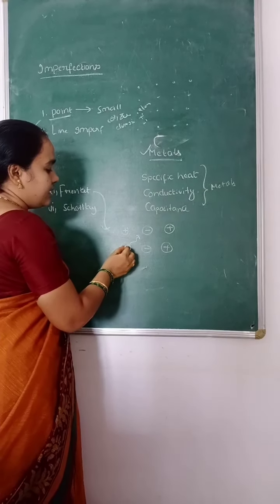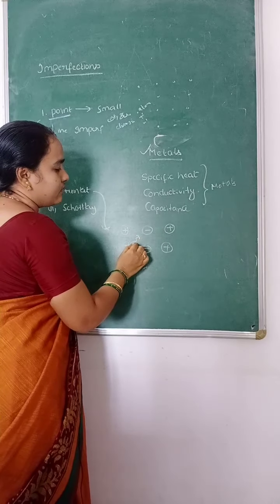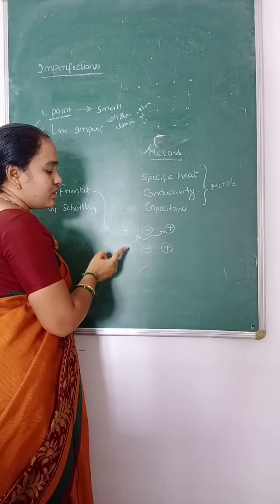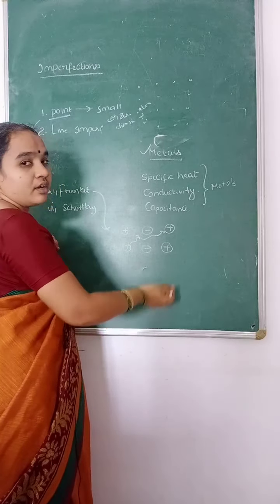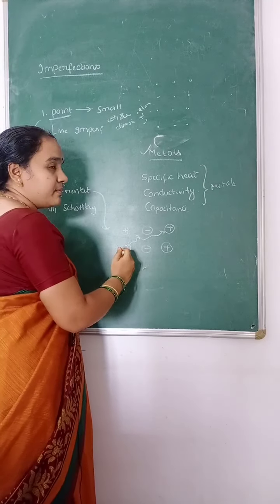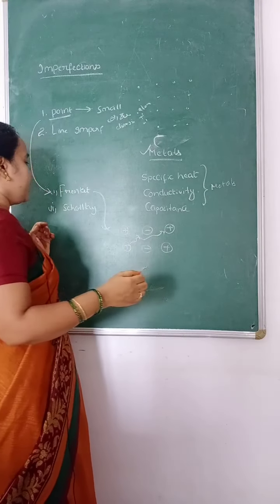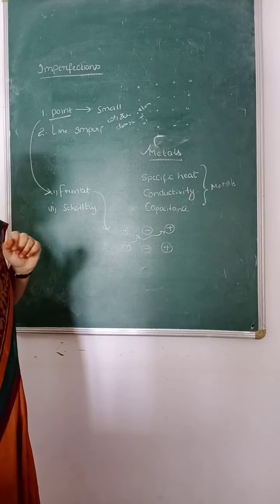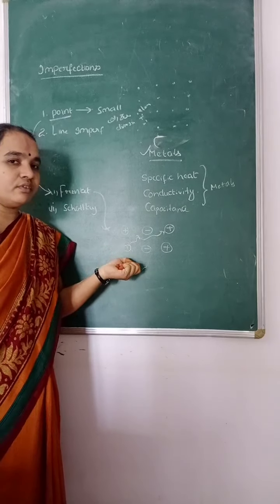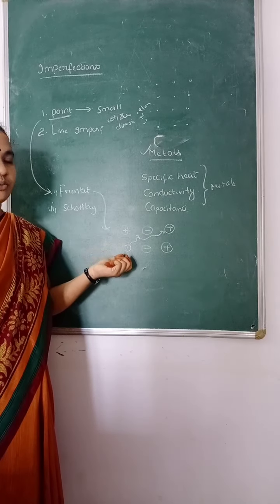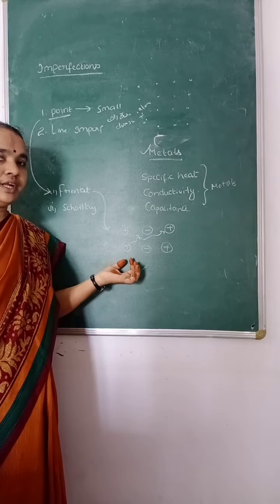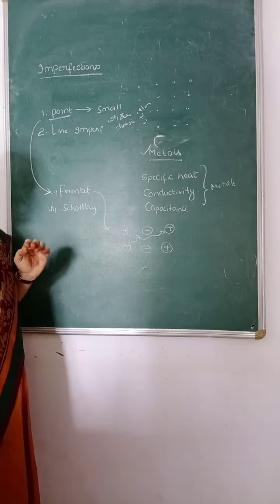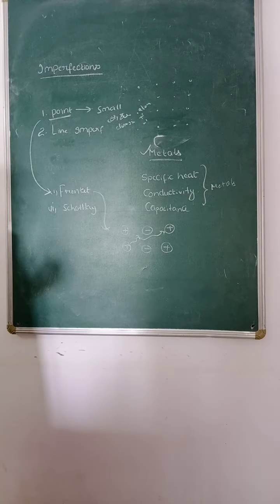For example, this positive ion may be transferred to this position. So this is its regular site. By the application of some temperature or due to the surroundings, if the ion is transferred, then that type of defect is called a Frenkel defect. So this is the movement of the positive ion or negative ion from its regular site to an interstitial site by the surroundings. This is a very simple defect.